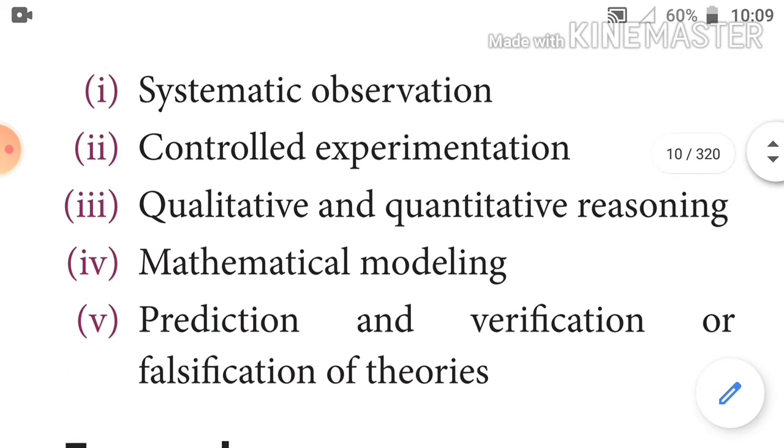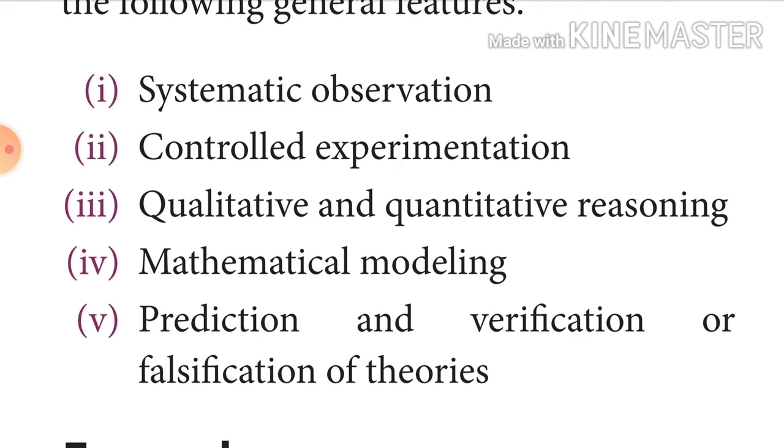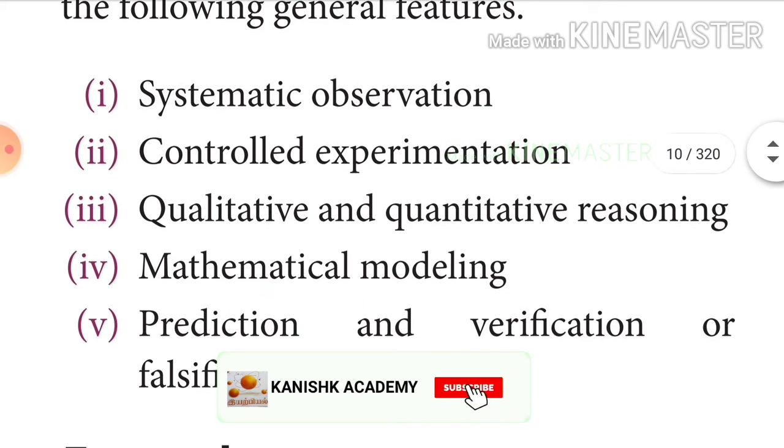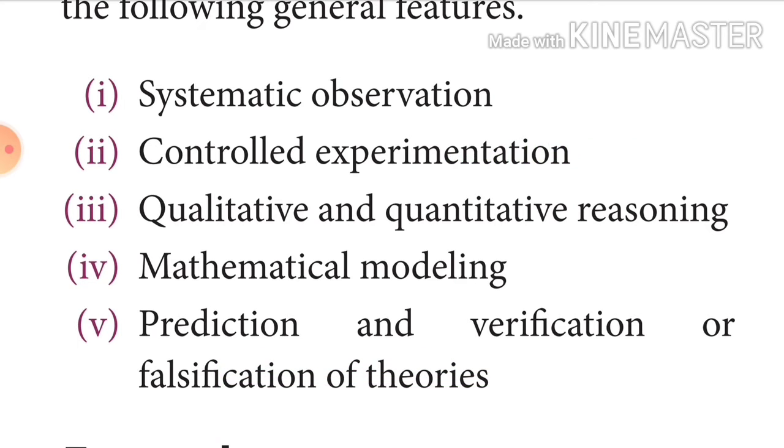First one, systematic observation. Second one, controlled experimentation. Third one, qualitative and quantitative reasoning. Fourth one, mathematical modeling. Then fifth one, prediction and verification or falsification of theories.